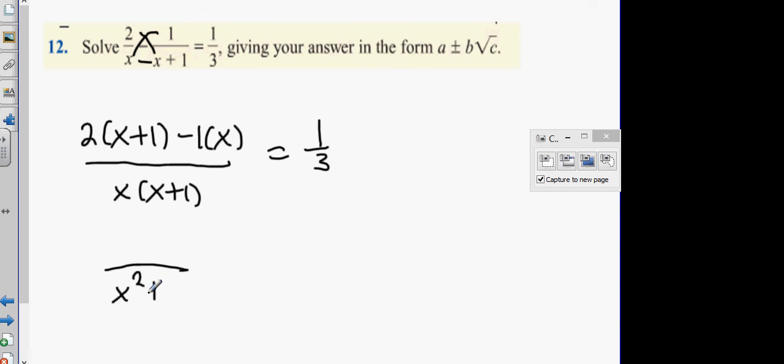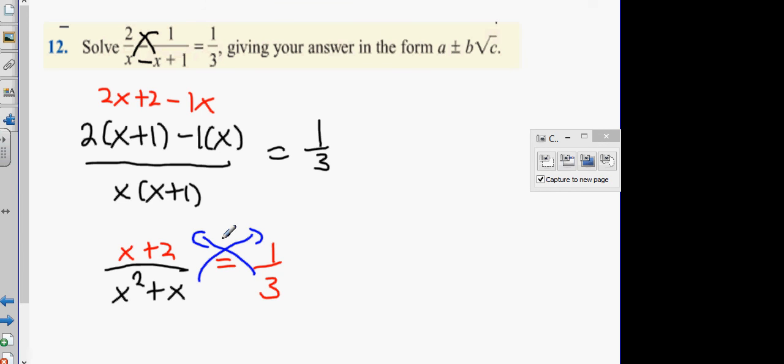You would get x squared plus x. I'd ask you to multiply out the top. You'd get 2x plus 2 minus 1x. And your answer would be x plus 2 over x squared plus x. You'd have a third on the other side. Then I'd ask you to follow up using the double line. Okay? Method works perfectly well.